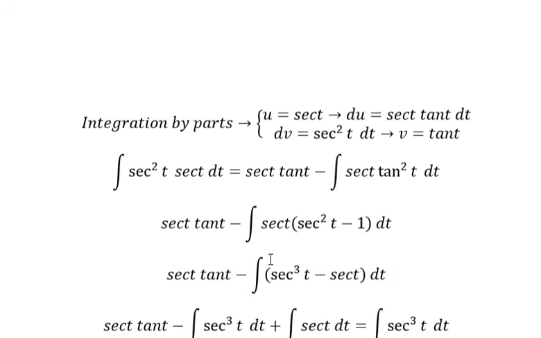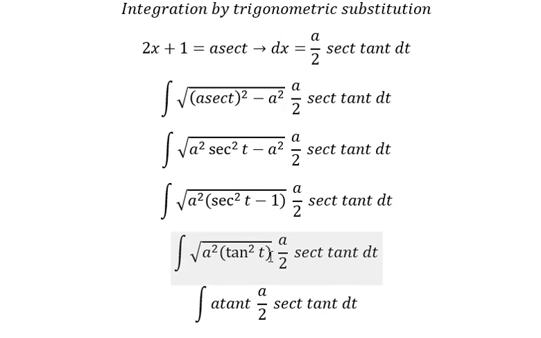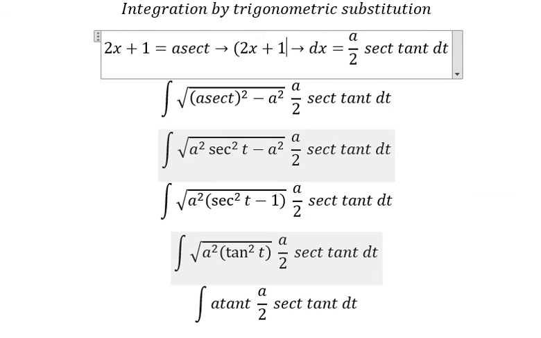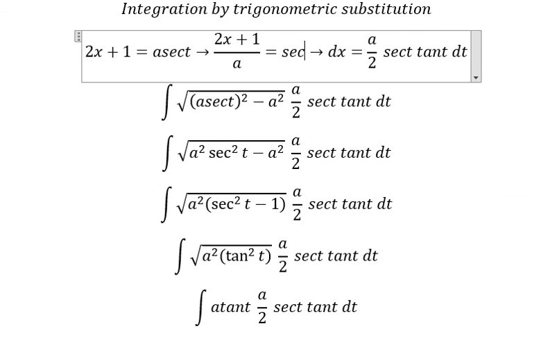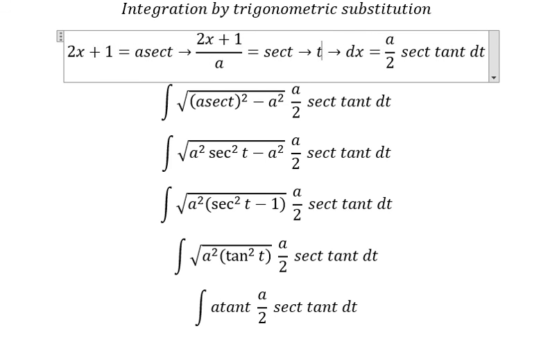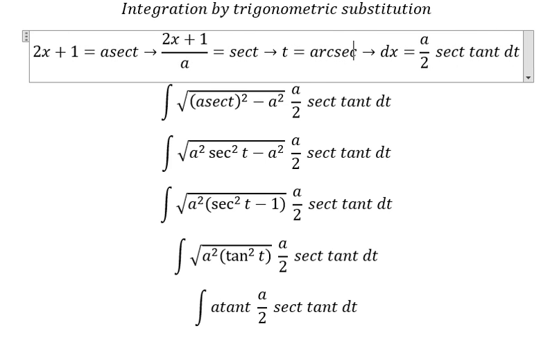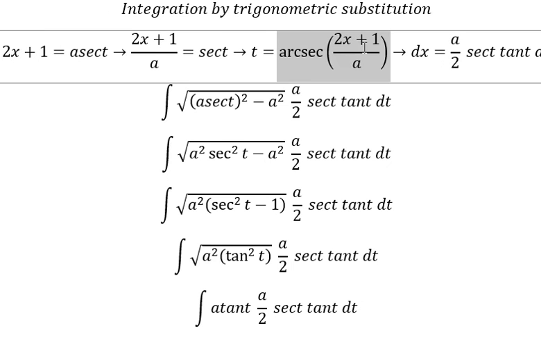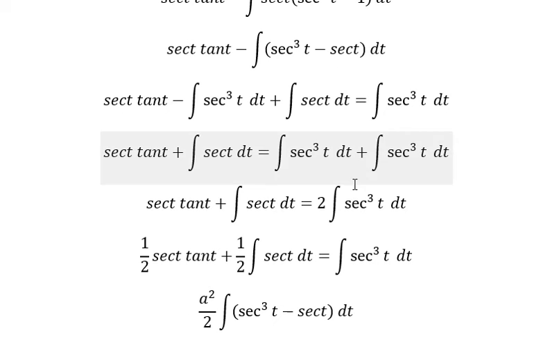About t, we need to return back in here. So we divide both sides by 8. And we get t equal to arcsecant of this one. So we put this one to replace t.